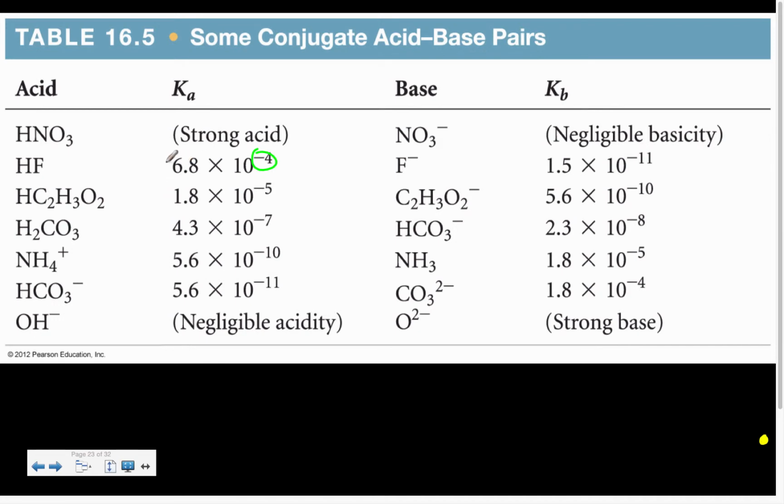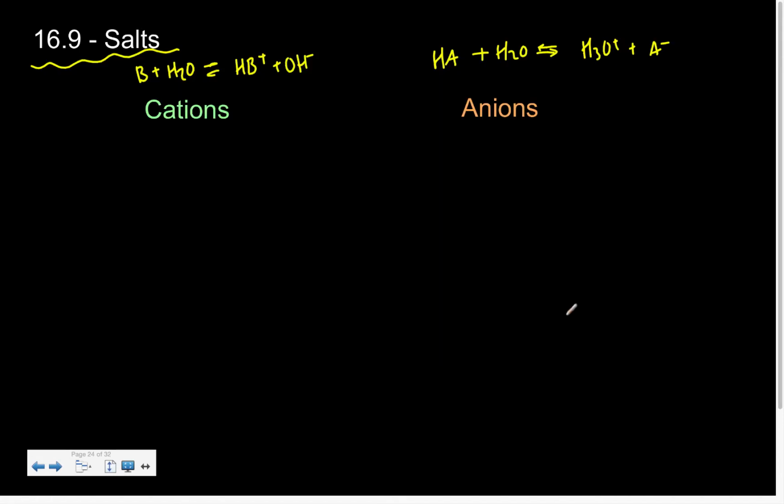If something is an acid, its conjugate base will have a Kb value. Acid, conjugate base. All of these bases have Kb values. Some of them are pretty basic, which means this has the capability of acting as a base.